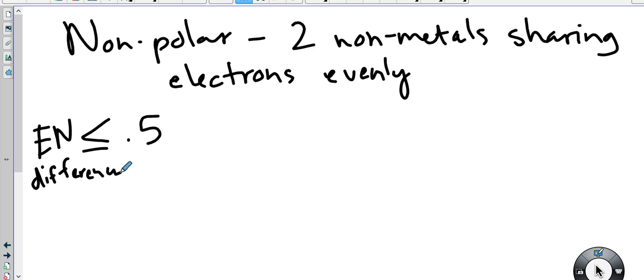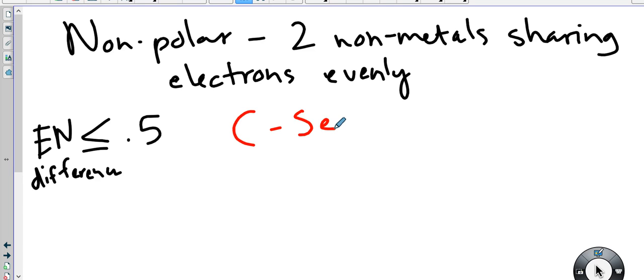So anyway, let's take a nonpolar bond. Let's do carbon and selenium. What if carbon and selenium bonded? Tell me the electronegativity difference in that. It's right there.